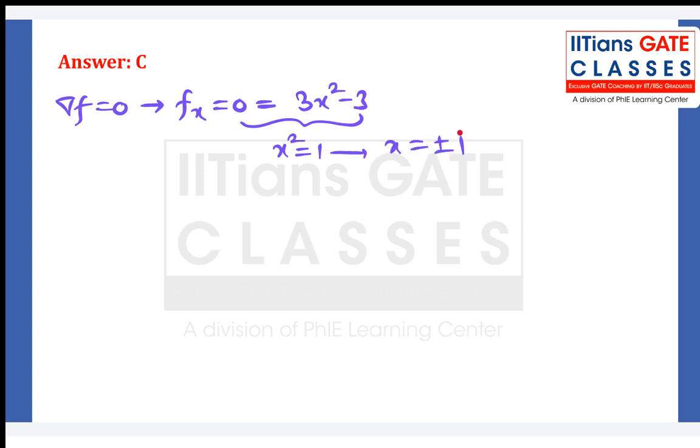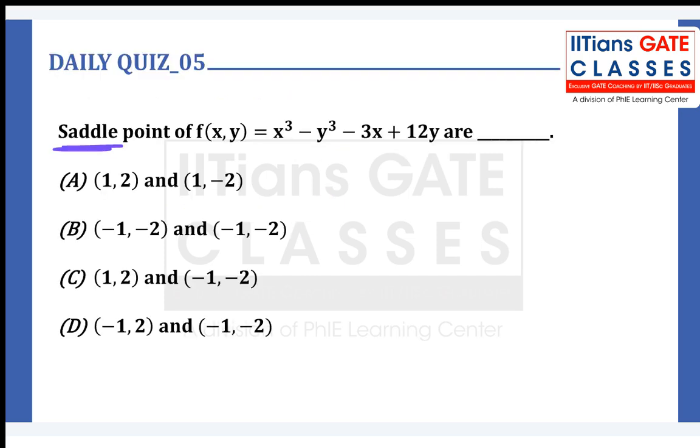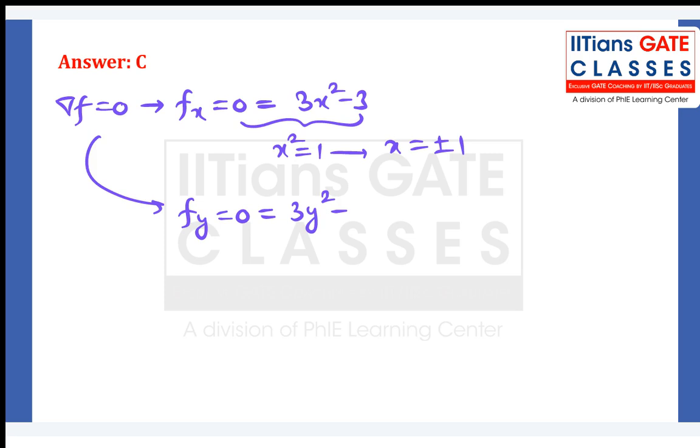I think the same conditions will come. Okay. So here also fy has to be 0. That is nothing but minus 3y square plus 12 equal to 0. This will also give you y square equal to 4.